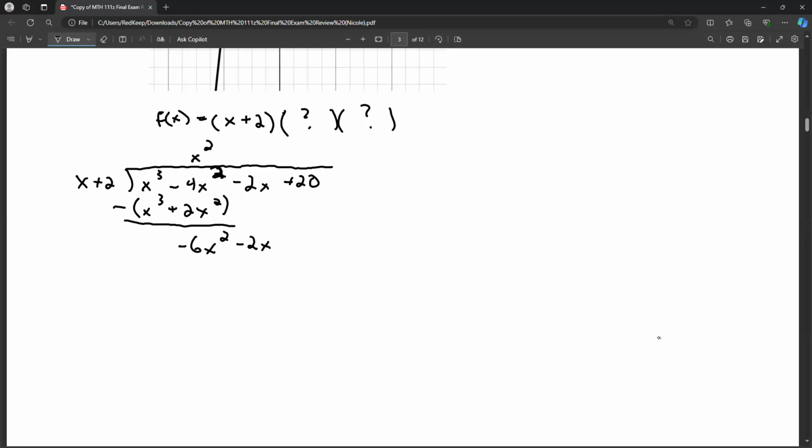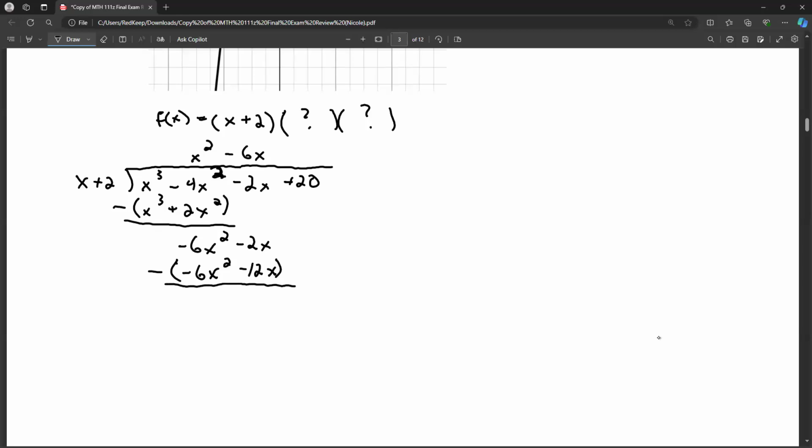That was the end of the first part of the algorithm. Now we repeat the process. What times x is equal to negative 6x squared? That is negative 6x. Multiplying that over, I get negative 6x squared minus 12x, which I believe is correct. Subtract these two.